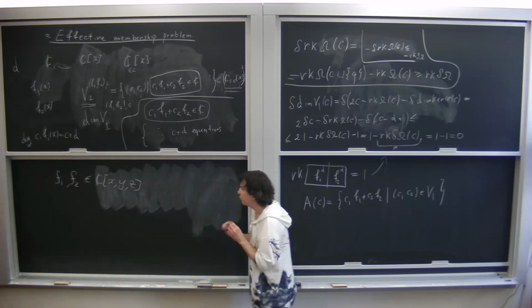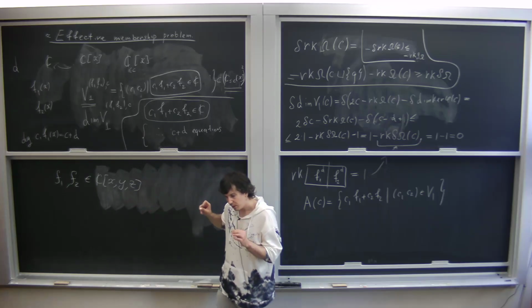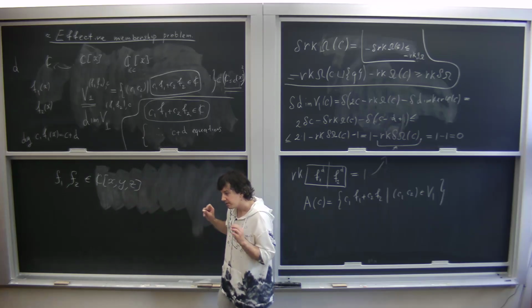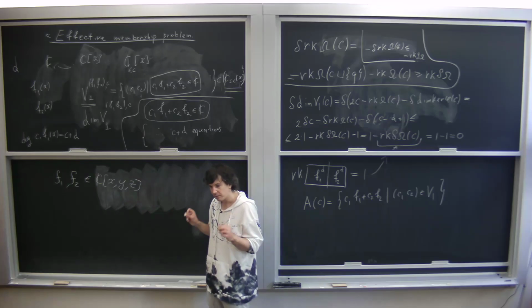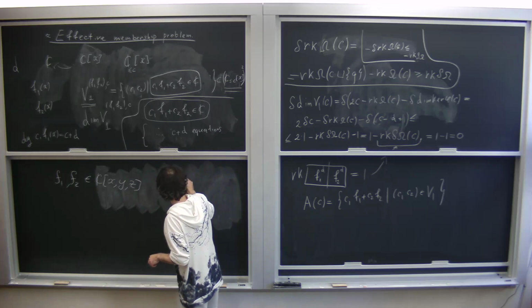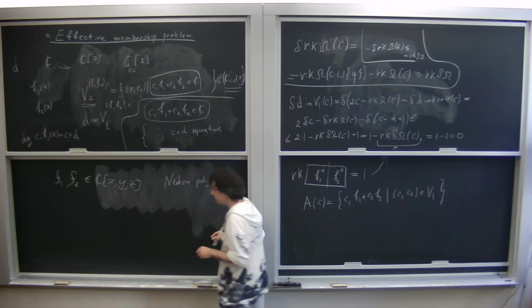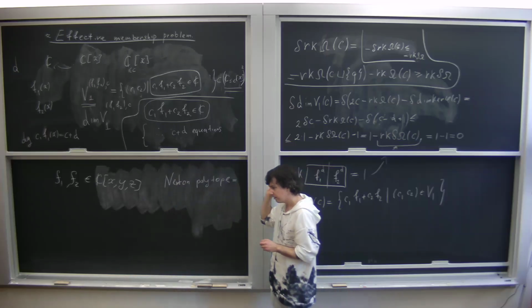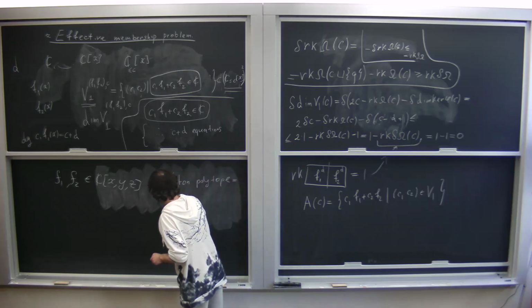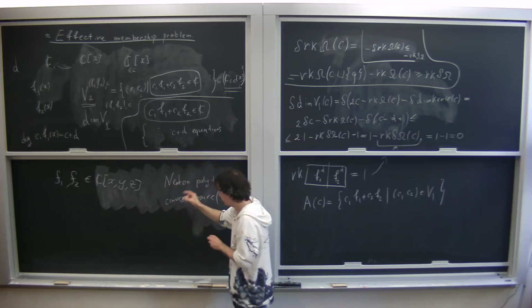And what do we use instead of degree when we have multiple variables? We use the so-called Newton polytope, which is the convex closure of the support of F.